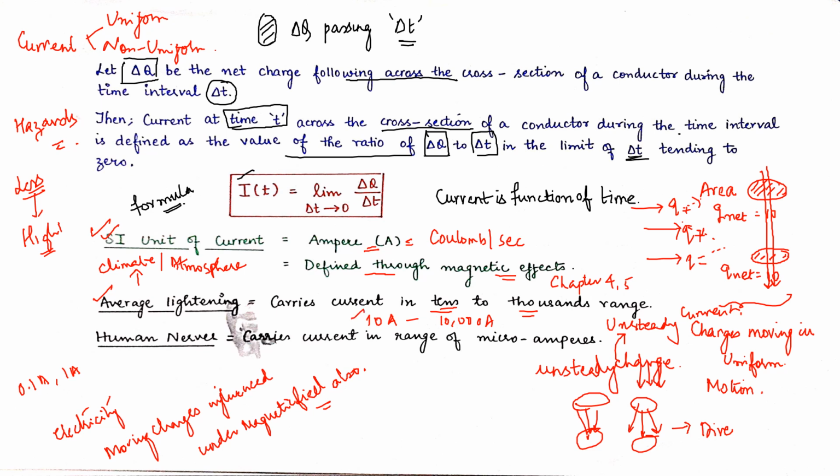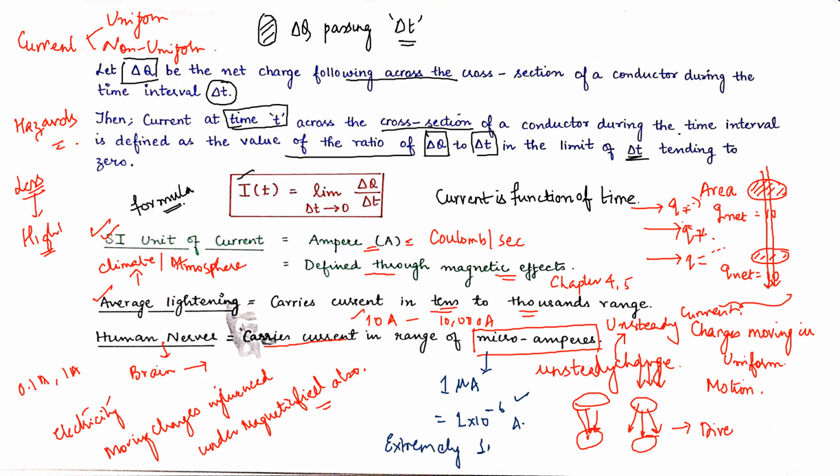Then when we go to the human nerve, where do the human nerves exist? They are in the brain of humans, and in them we will see electrical conductance. In human nerves, electrical conductance carries currents in the range of microamperes. The range of current is extremely small. How much is 1 microampere? 1 microampere equals 1 into 10 to the power minus 6 amperes. So see the range, it's extremely small.